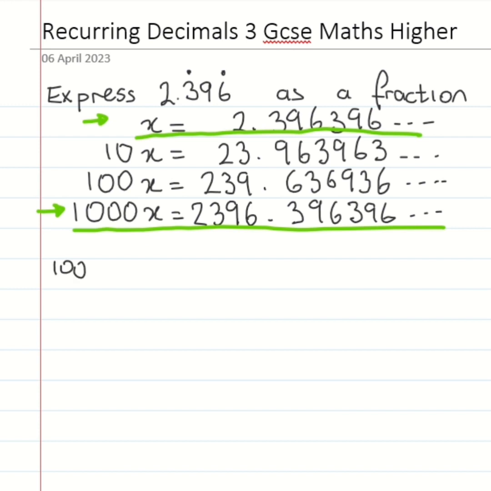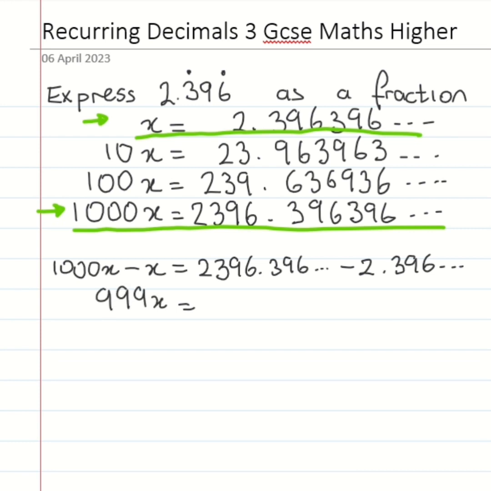So 1000x minus x would be equal to 2396.396 dot dot dot minus 2.396 dot dot dot. Now 1000x minus x is 999x, and these decimals will cancel each other out, so all we have to do is 2396 minus 2, that will be 2394.